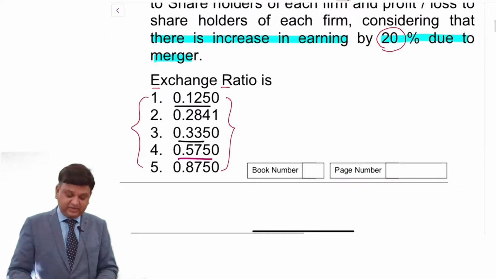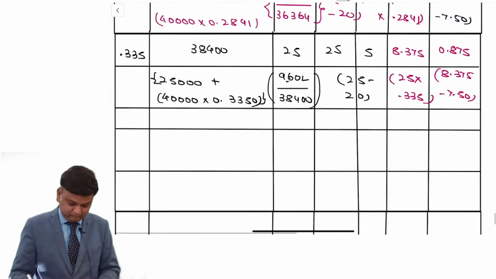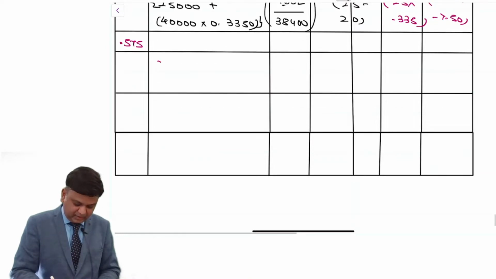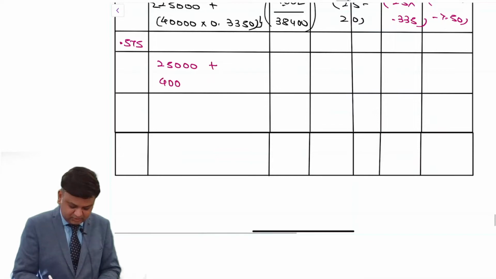Next is 0.575. 25,000 plus 40,000 into 0.575.